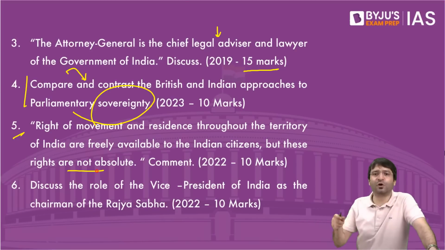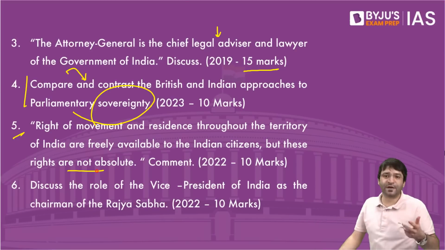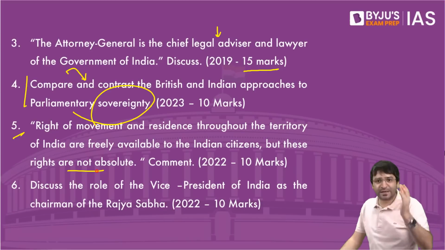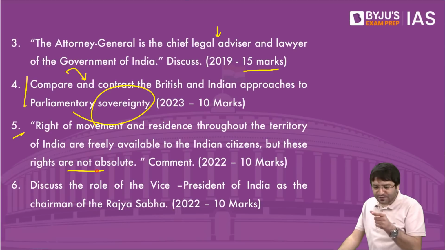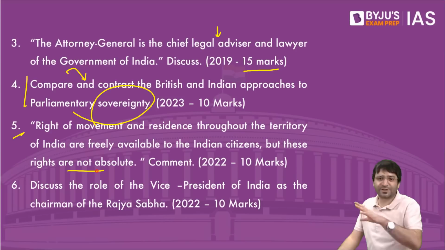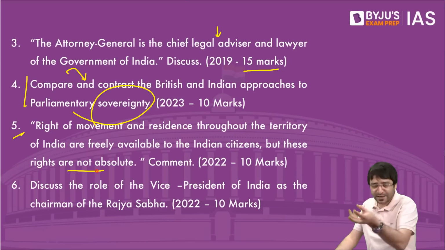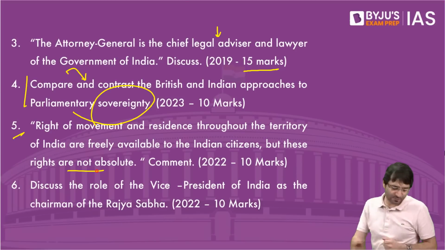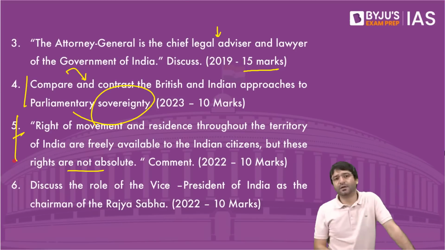You can also talk about those who are habitual offenders, their right of movement can be restricted. And we have discussed a case as well when we discussed these two fundamental rights. And these fundamental rights can also be restricted in the interest of the scheduled tribes. For example, Jarawas, Sentinelese, give their recent example. Problem solved. In 150 words, you will be able to answer.